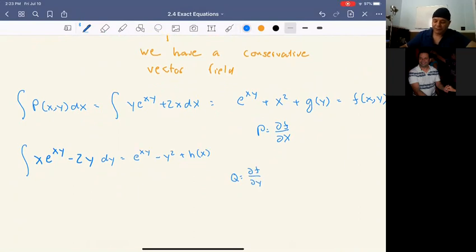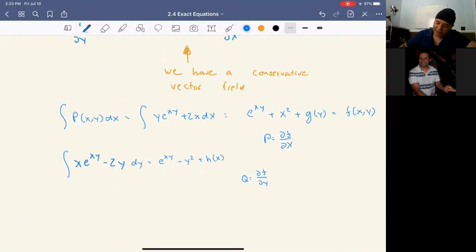So now we have this expression for f of x, y and this expression for f of x, y. We're going to match them together. They both have an e to the xy, so that's good. This one has an x squared, which we think of as being part of that h of x.